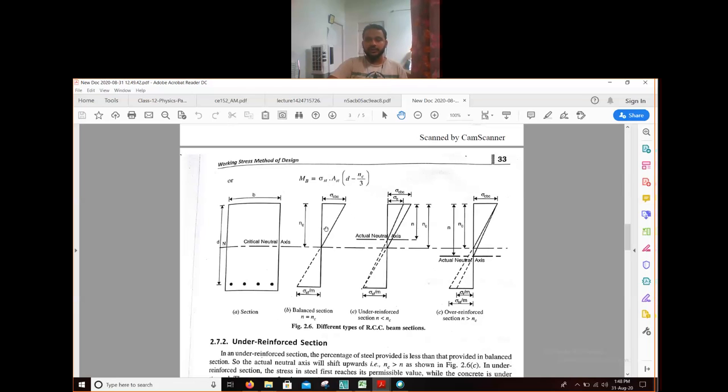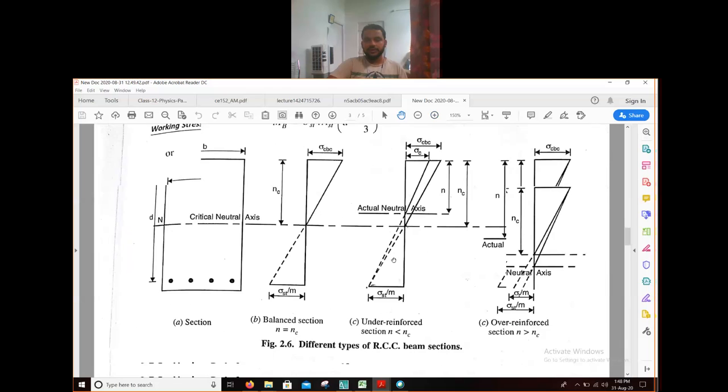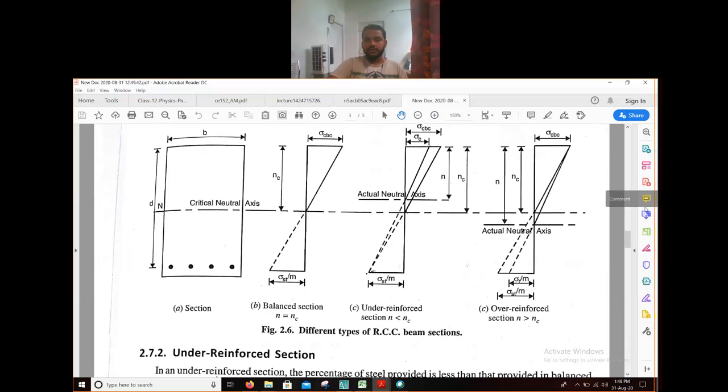In a balanced section, the critical neutral axis and actual neutral axis values are the same: n equal to nc. That means the actual neutral axis depth and critical neutral axis depth are equal.